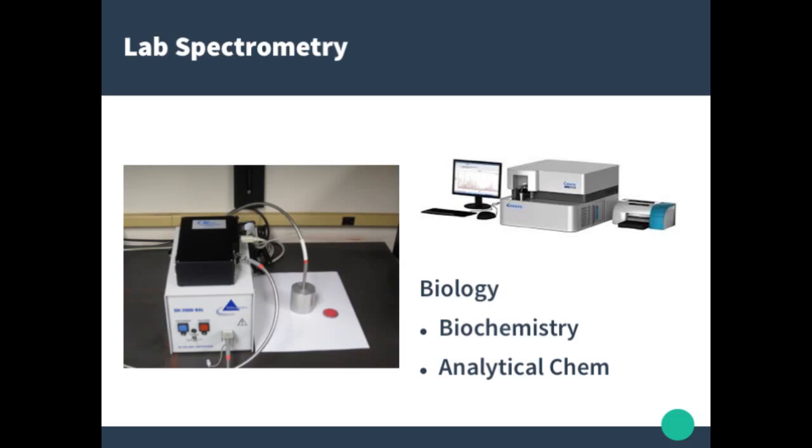But the thing that distinguished a lot of that is that in order to do it, it was necessary to bring the sample, whatever you were trying to analyze, into a lab. So these are bench spectrometers. There are various types, but they're characterized by the fact that they need to be used in a laboratory setting. That's really powerful, and they can be used for a lot of things. However, things are often different in a lab. Even the same materials will behave differently in a lab than they will in the environment.